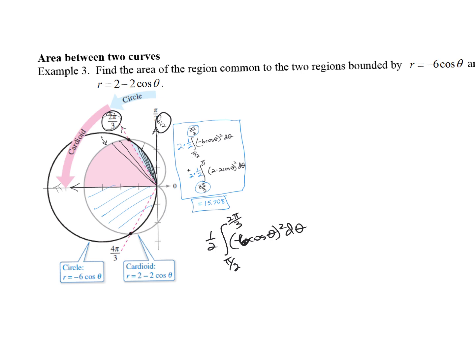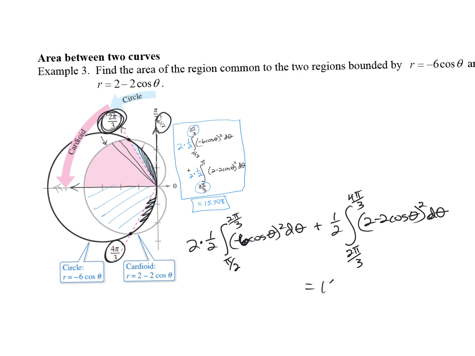And then you could have said, oh, I'm going to double that, so times 2, because that takes into account this other piece down here. And then you could have added to that 1/2 the integral from 2 pi thirds to 4 pi thirds, instead of doubling like that, and then do the cardioid on that. So there's lots of different ways to do it. It doesn't really matter which way you do it. You just have to make sure you get to that same answer, the 15.708, the approximate answer.